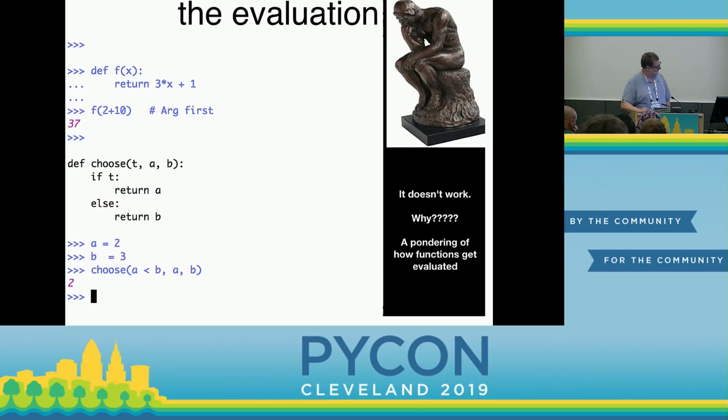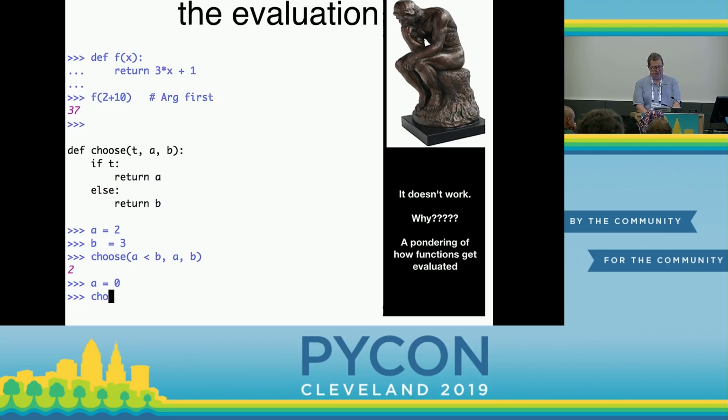The problem is that you can't do that. Here's an example of how you can't. Let's say I decided to choose a not equal to 0, a, 1 divided by a.